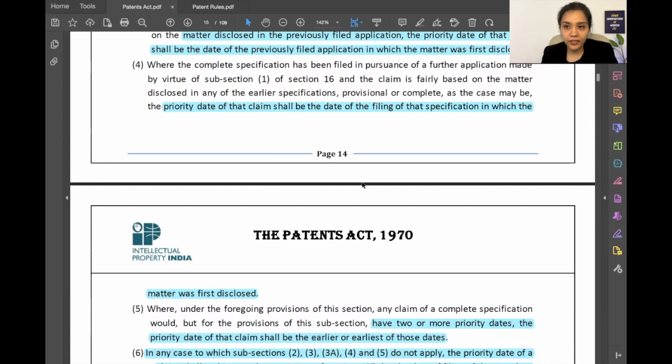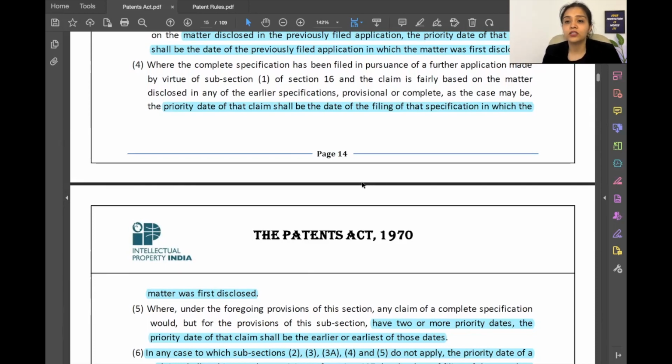So if I am dividing my application into two, and the earliest filed application had the priority date, and the subject matter was also disclosed in that application from which I'm claiming the priority date, then that would be considered as the date of priority of my claim.